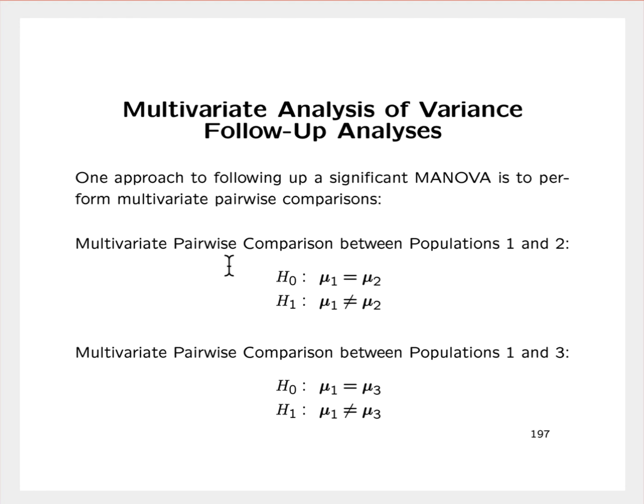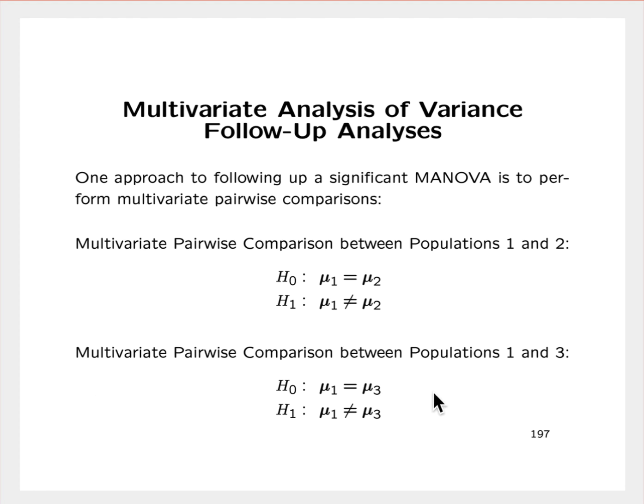And so we would compare populations 1 and 2 using these hypotheses. And now keep in mind, notice that these mu's are bolded. So these are vectors, and so this is a multivariate pairwise comparison. And so we would compare populations 1 and 2, the mean vectors of populations 1 and 2.